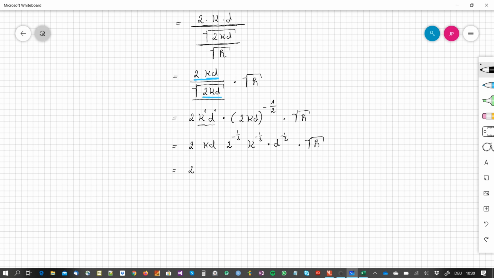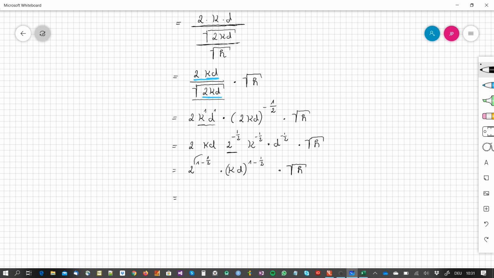So here stands 2, 1, and here we have another 2, so we can just subtract the exponents from them, and we do the same for kd. I do it together because it's the same for these two. And we should not forget our h and the square root.